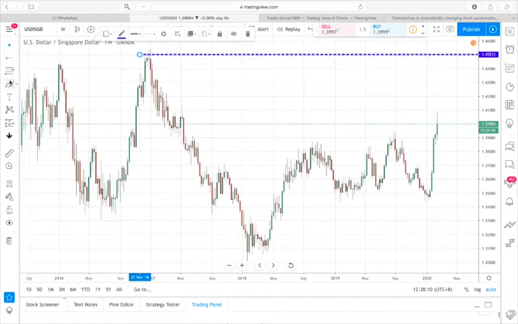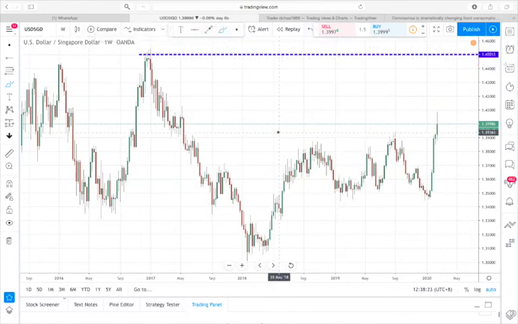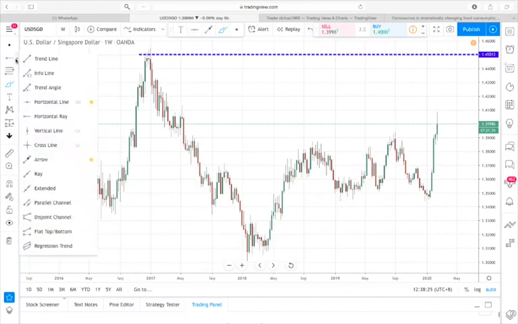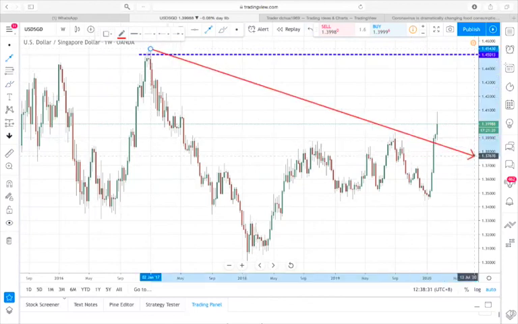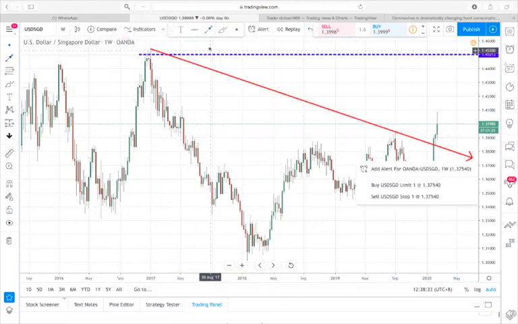So is there a possibility for the price here to continue and go up? There is definitely a possibility, but nobody can tell for sure, right? Nobody can tell for sure. Okay, but one thing we already know is from here, if you were to draw a trend line, just draw a trend line down here nicely.